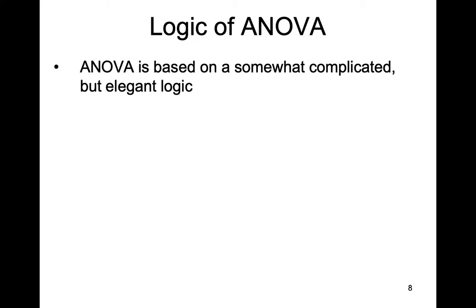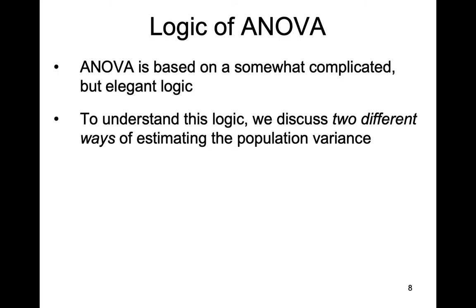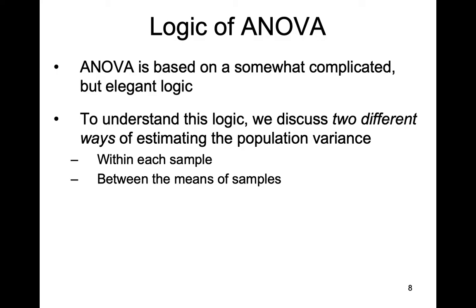So analysis of variance is based on a somewhat complicated, but I think elegant logic. And so to understand the logic, what we're going to discuss are two different ways of estimating population variance. One method is the method of estimating population variance within each sample. And the second method is to estimate population variance between the means of samples.